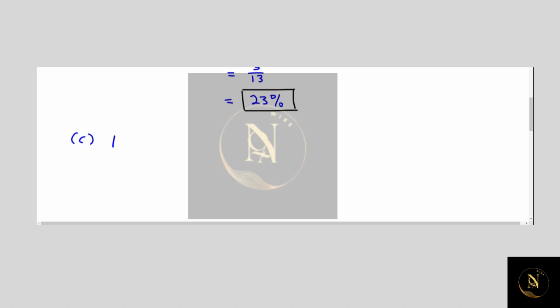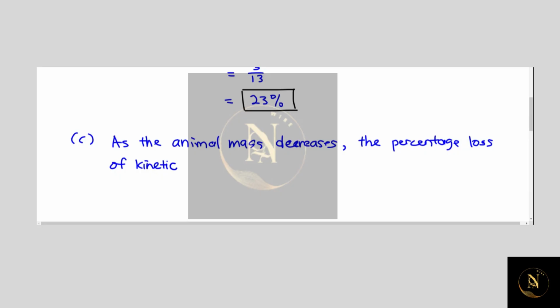As the animal mass decreases, the percentage loss of kinetic energy decreases. So this is the answer for part C, and that's all for these questions.